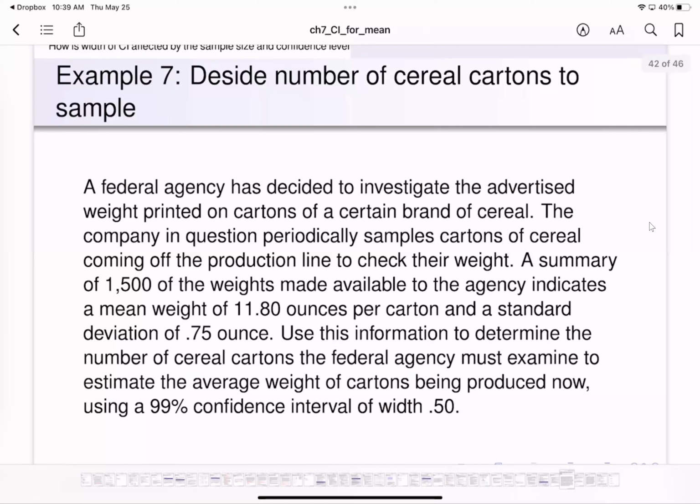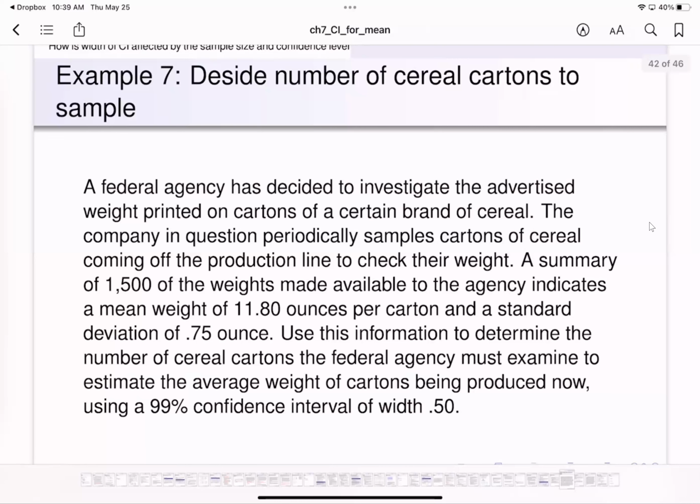Before taking the sample, the federal agency needs to decide a sample size. So the question is asking what sample size the federal agency should examine in order to get a confidence interval with width 0.5 and 99% confidence level.